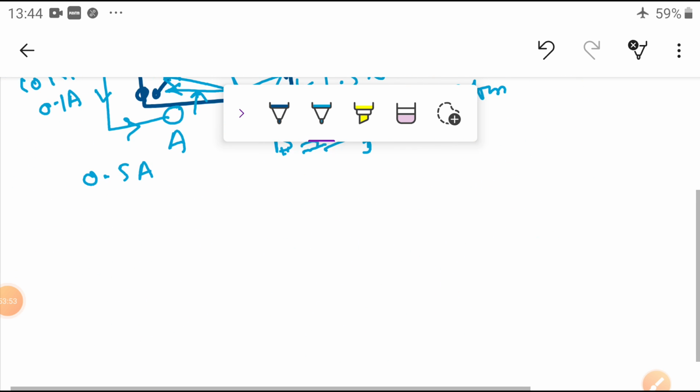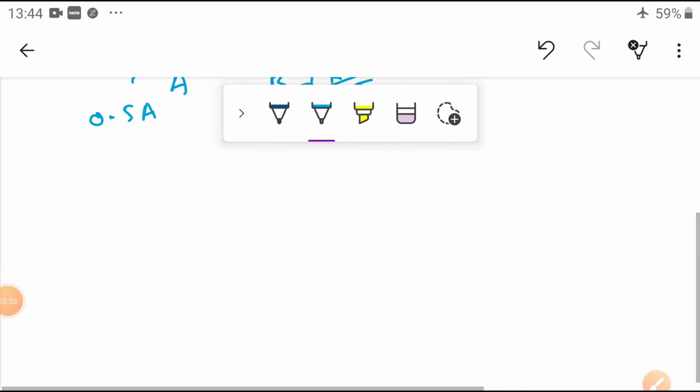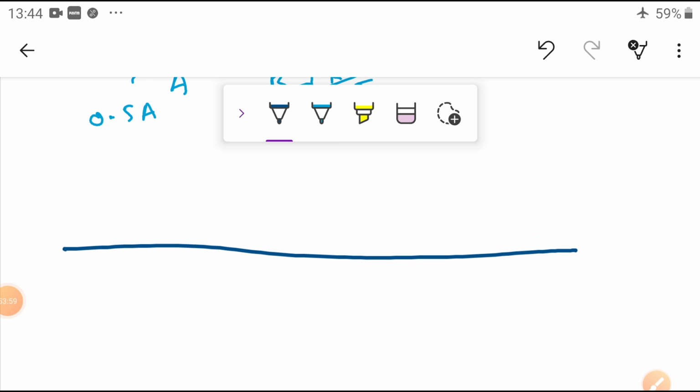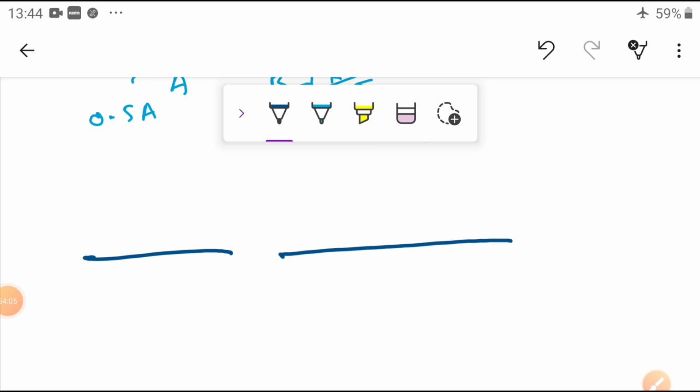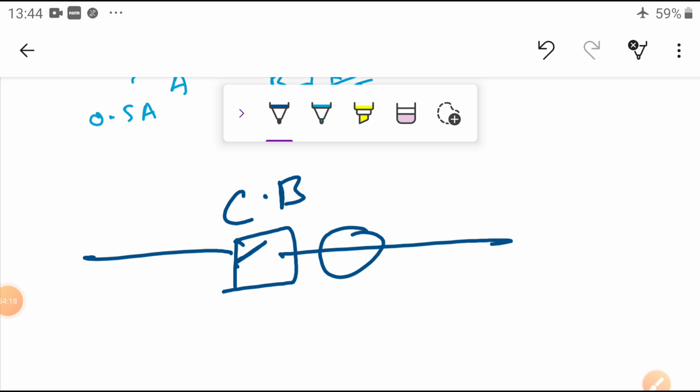So here, what has happened? Here is the line, dear students, and before it I use one CB, a circuit breaker, which is just like a switch, and this can be operated with the help of our friend. Who is the friend? CT.